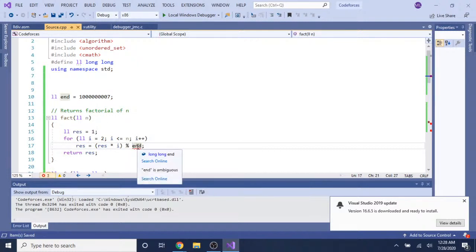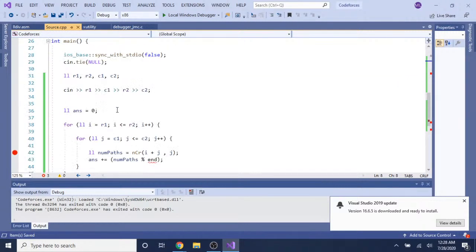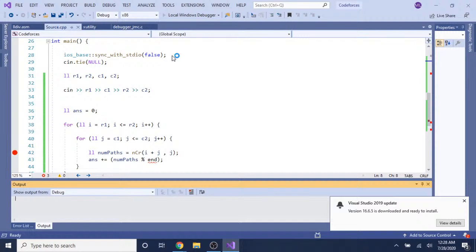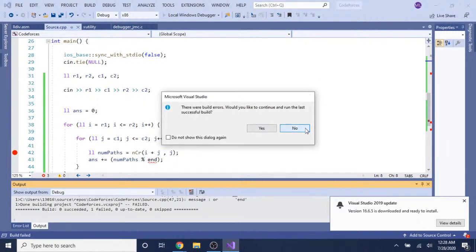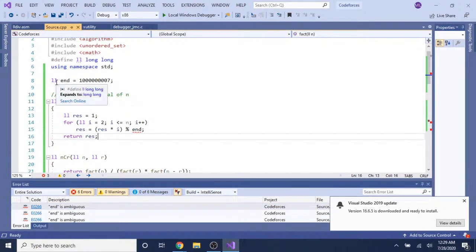Why can't I mod by this end result? And it's right here. What? Is my compiler on drugs? It's literally right here. Okay, wait.